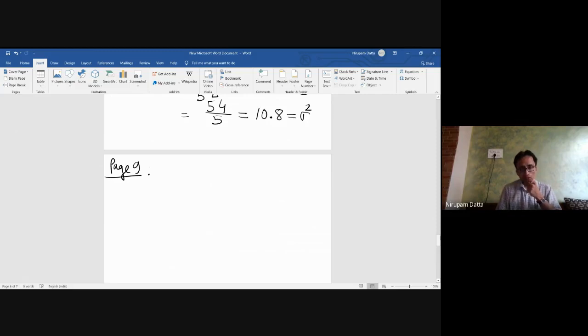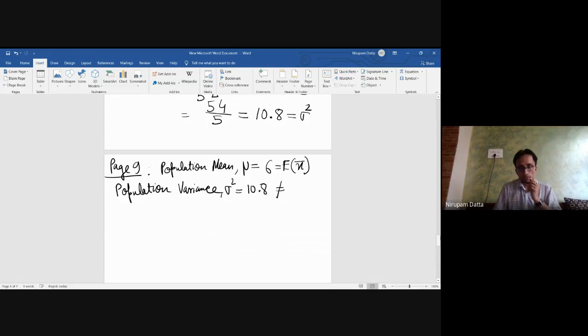So now we have the population mean mu equal to 6, which is equal to the expected value of the sampling distribution of the test statistic. Now, what is the population variance? Population variance sigma square is equal to 10.8, but this is not equal to the variance of the sampling distribution of the test statistic.